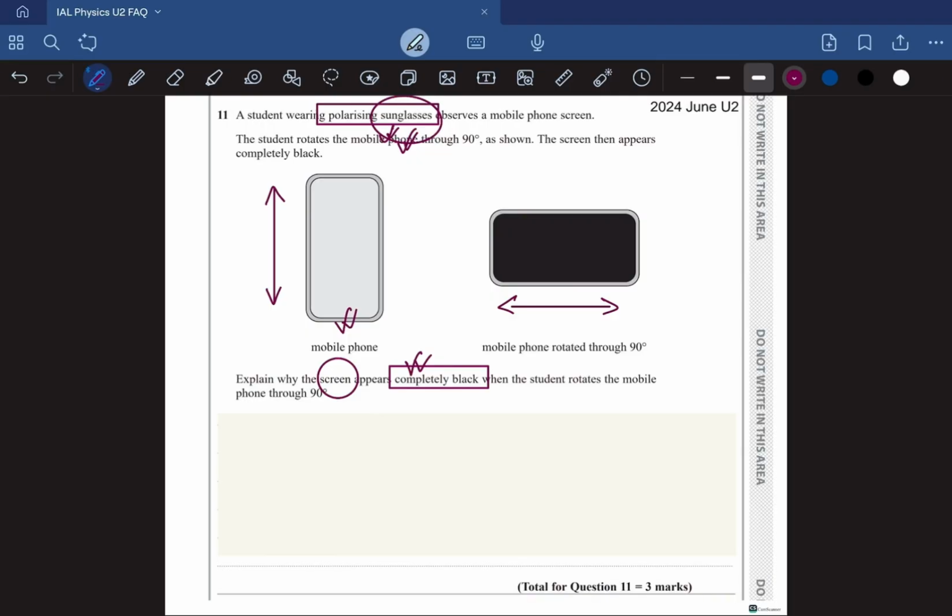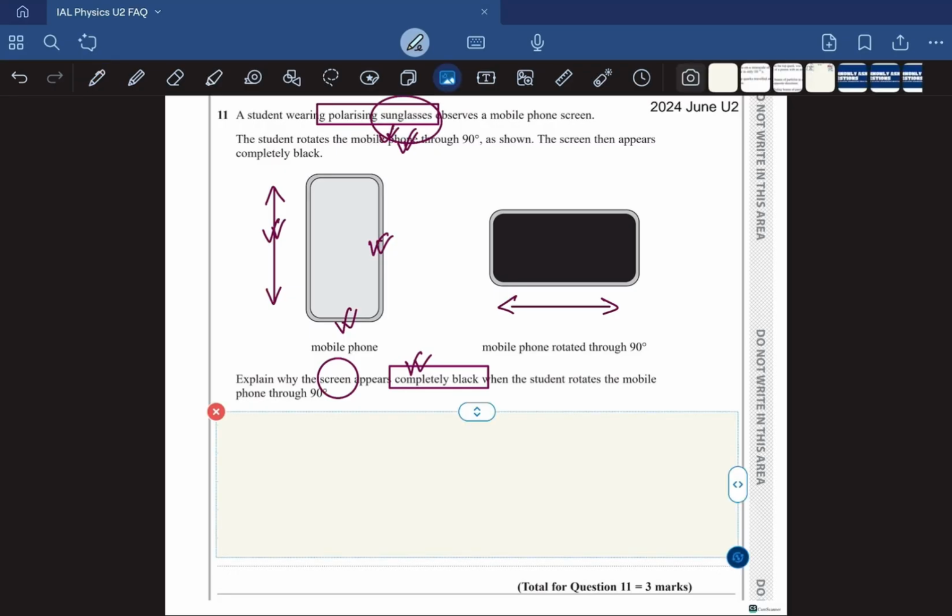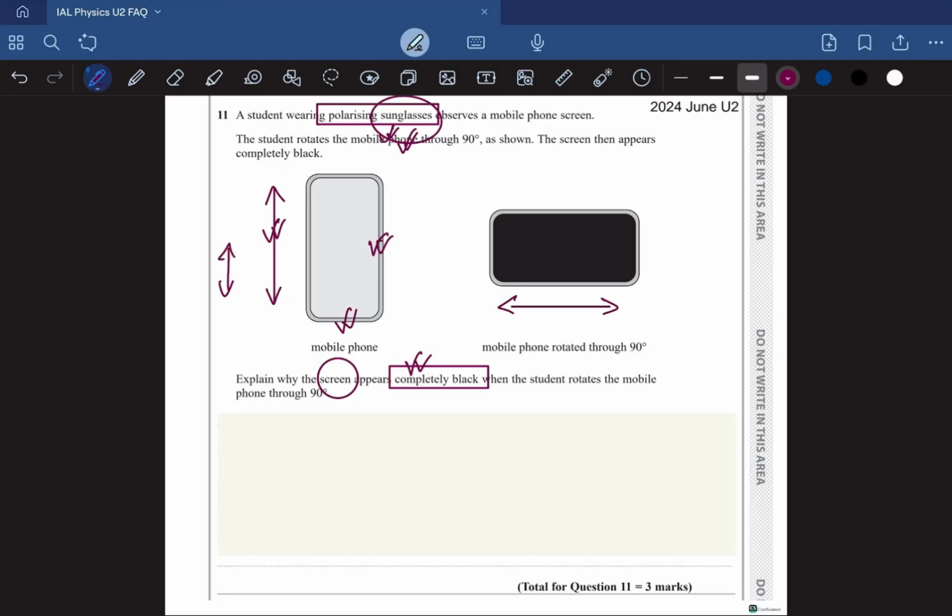Let's say the plane of polarization of the mobile phone is vertical right here. At that time he was seeing the screen bright, right? That means the plane of polarization of the sunglass is vertical as well. That's why it was allowing the vertical plane of the light of the mobile phone to pass through the sunglass, and that's why he was seeing the screen bright.